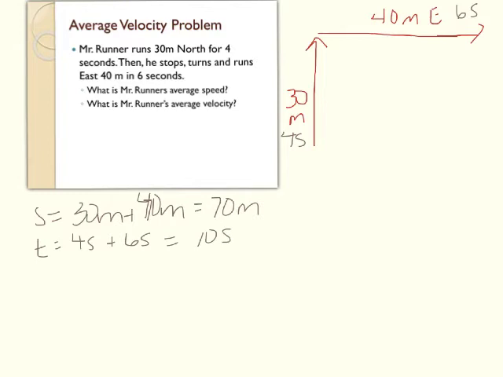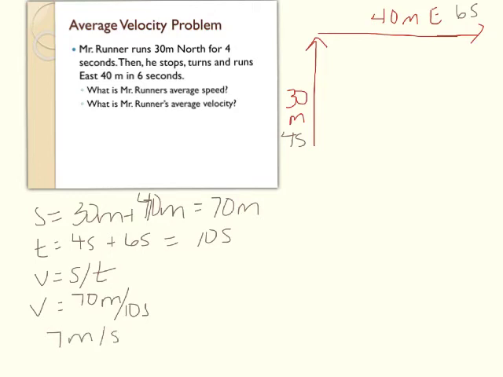So there is listing our knowns. Our equation is speed is equal to distance divided by time. If we plug in, we have speed equal to 70 meters over 10 seconds, which ends up being 7. It's okay if you write S and U in the same line. The U is in there so that you don't forget you need meters per second.